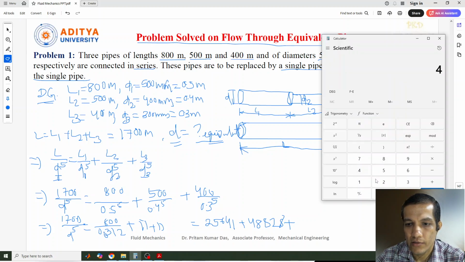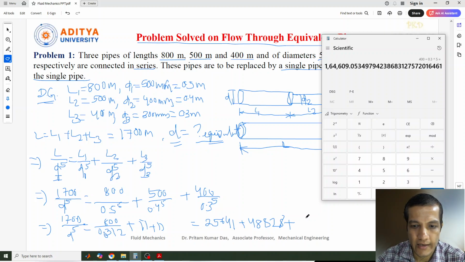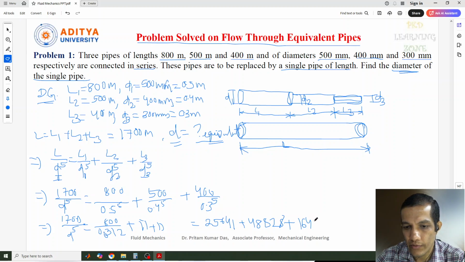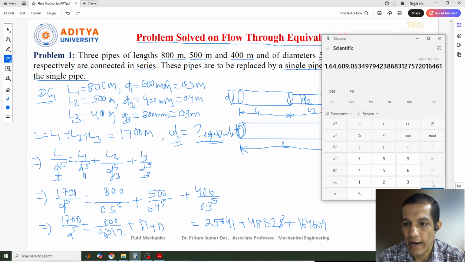So here also, divided by 0.3 to the power 5, we get 1,64,609. Now we add all these things: 48,828 plus 25,641 plus 1,64,609 gives 2,39,078.